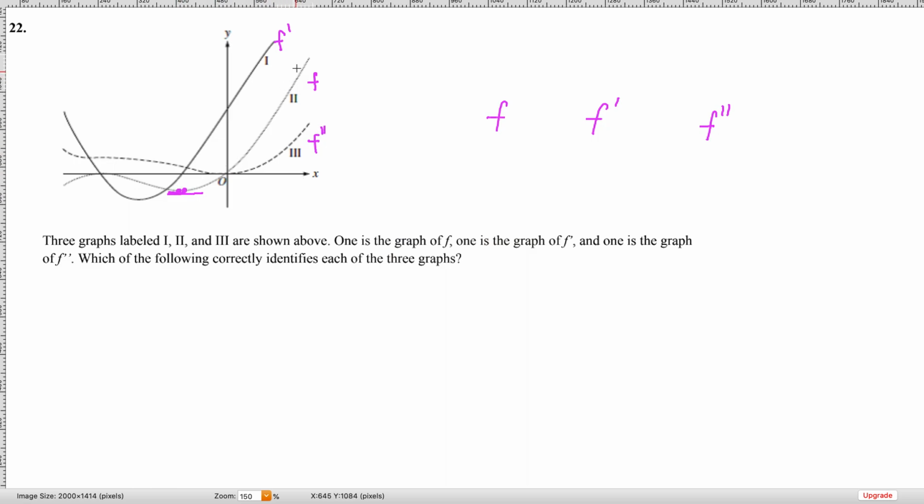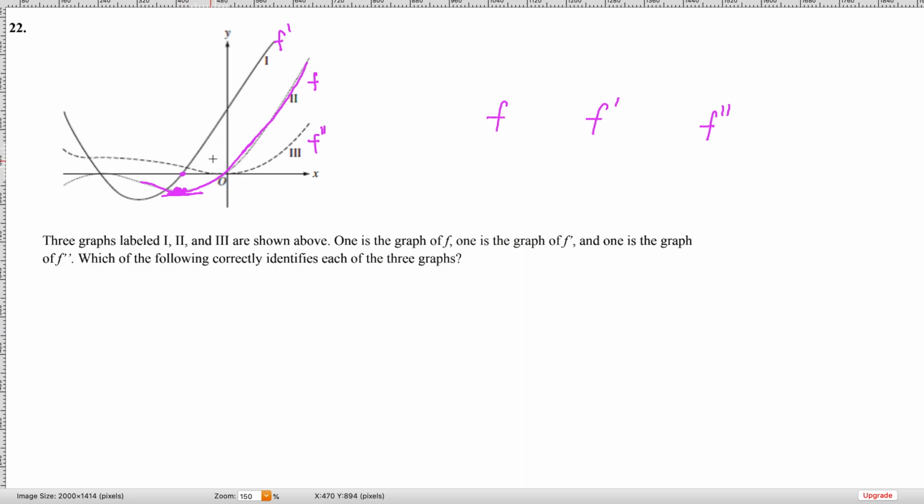So I just picked one of the curves and said, okay, let's see if this one's f. Then that would mean that the slope of the tangent line right here is 0. So I'm looking at this curve, and the slope of the tangent line at this point is 0.